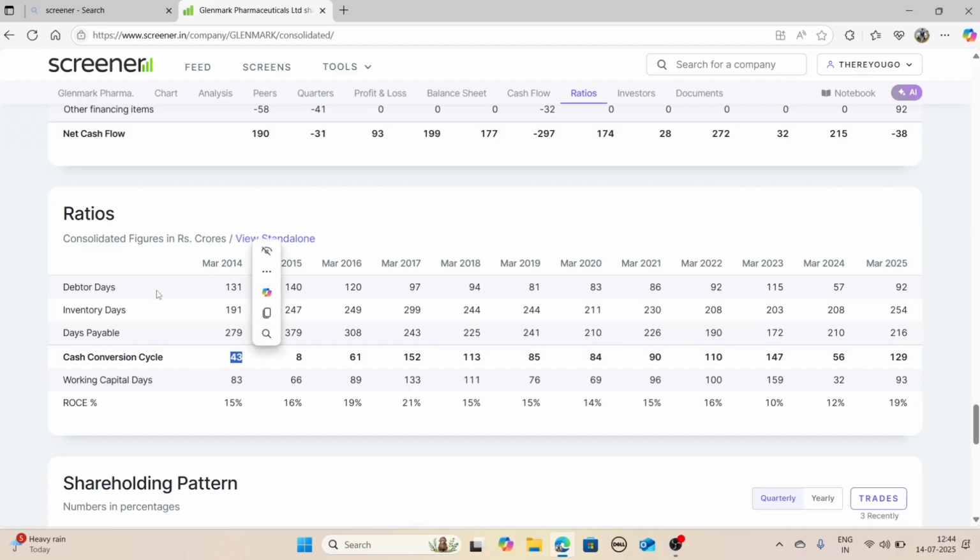Okay, cash conversion cycle simply shows debtor days plus inventory days minus payable days.